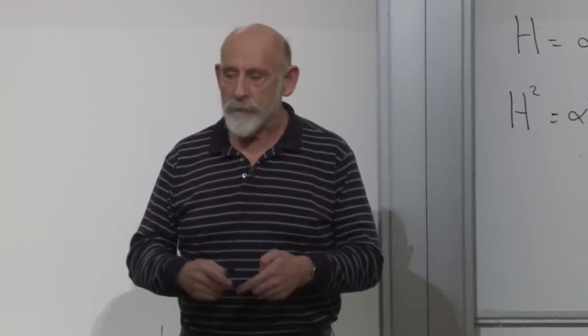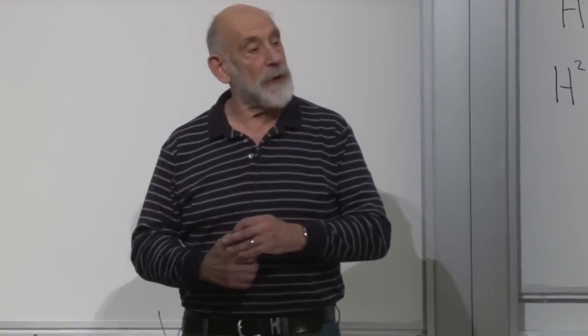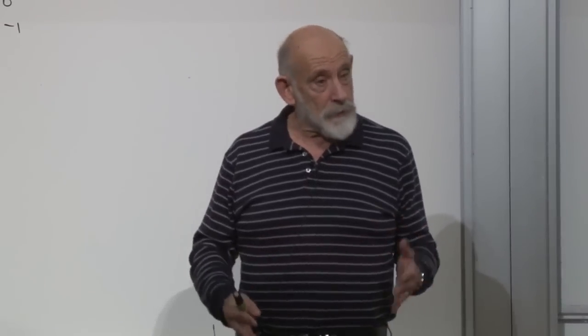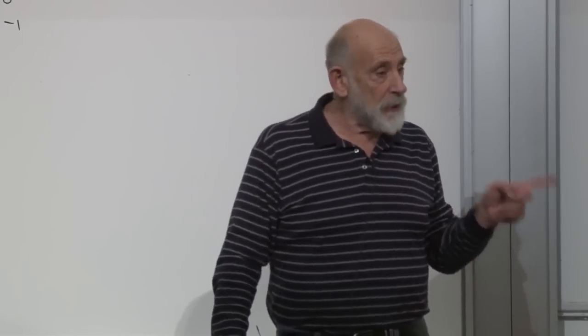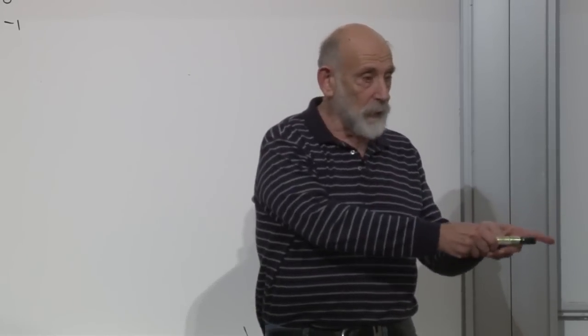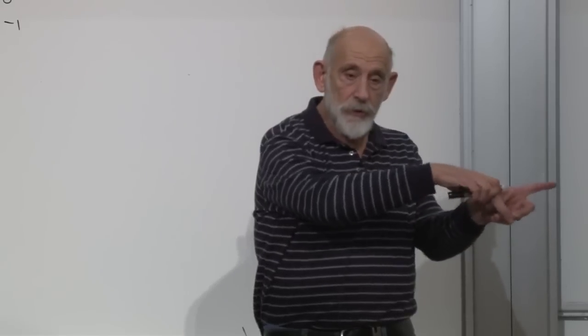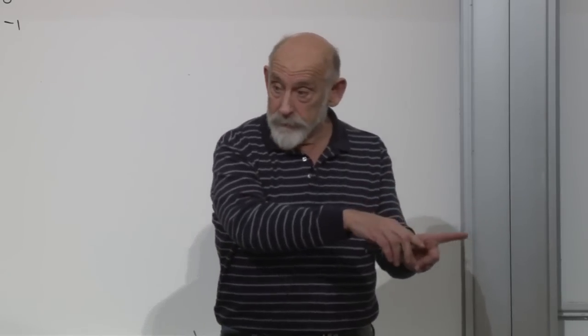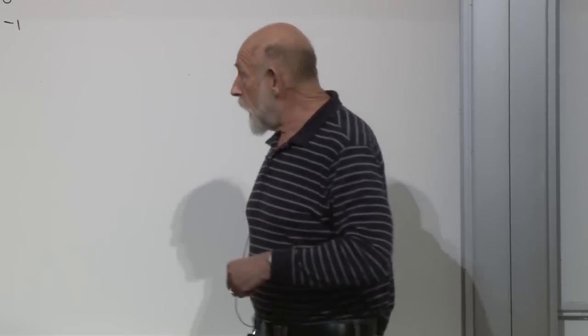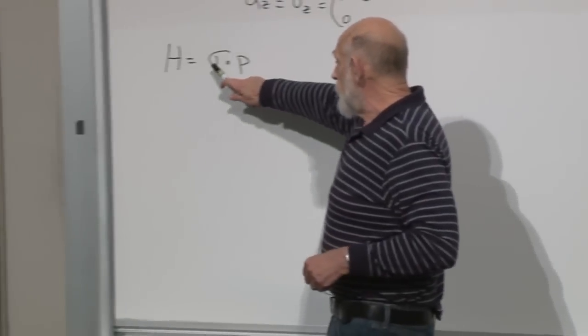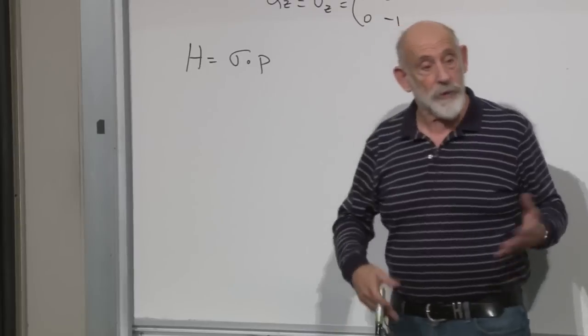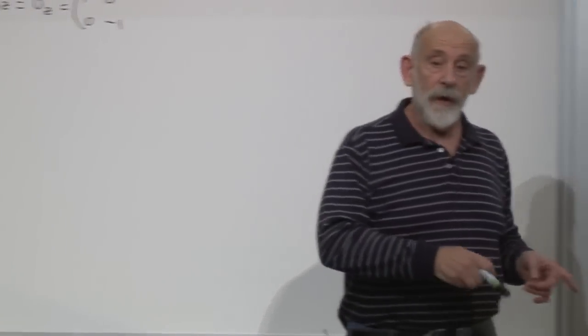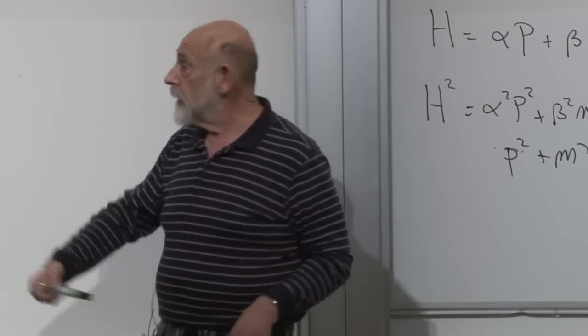Now, the component of a spin is always plus or minus 1. So it sounds like there are two cases here. One case where the spin is literally along the momentum, pointing along the momentum, and the other case in which the spin is opposite to the momentum. In one case, the energy is positive. If sigma is in the same direction as the momentum, sigma dot p is positive. If they're oppositely aligned, that's negative.